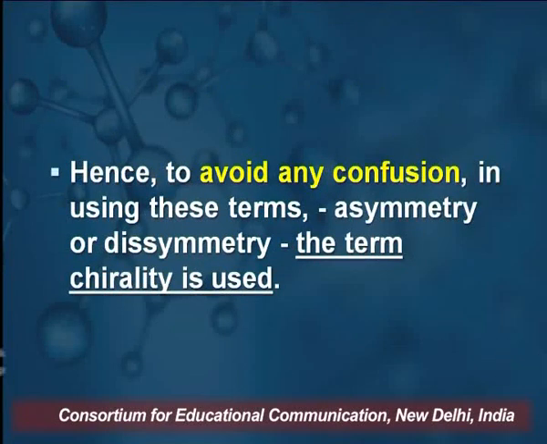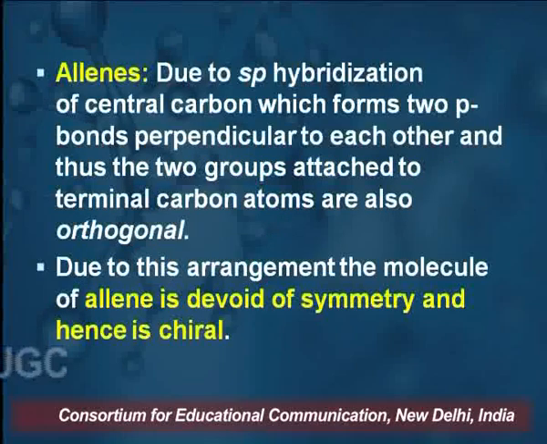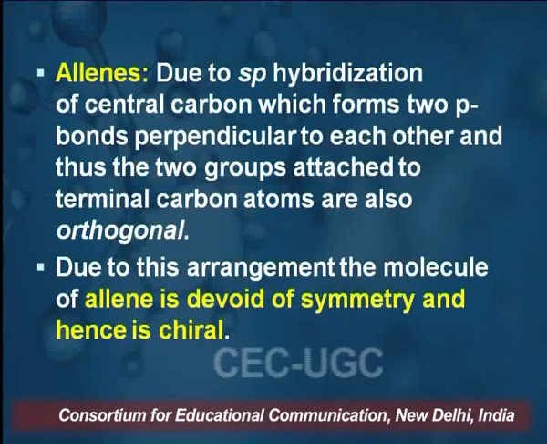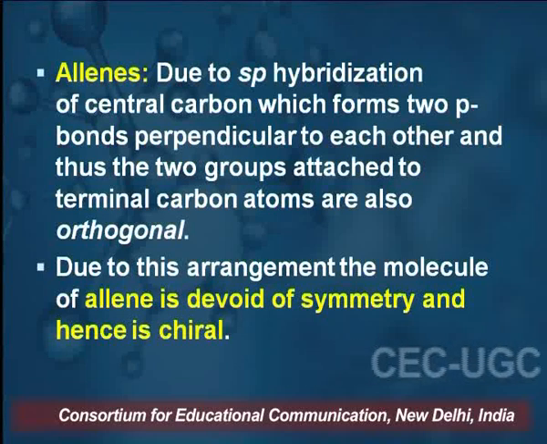So to avoid confusion about where we use the term asymmetric and where we use the term dissymmetric, we simply use the word that the molecule is chiral. So to be optically active, a molecule has to be chiral. That is, it should be non-superimposable on its mirror image.